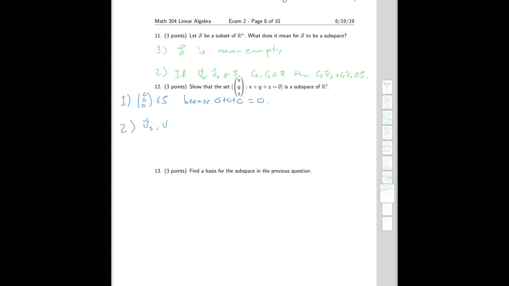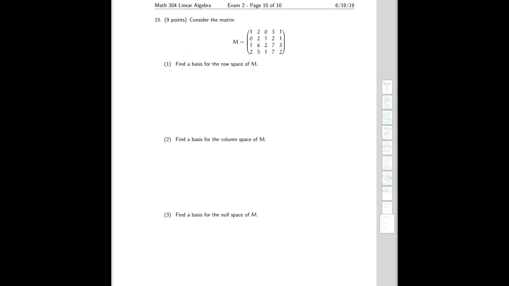So let's say V1 and V2 are in S. Okay, then we'll say V1 is x1, y1, z1. So we're going to do C1 V1 plus C2 V2. Okay, this is in S. Why? Because of the following.